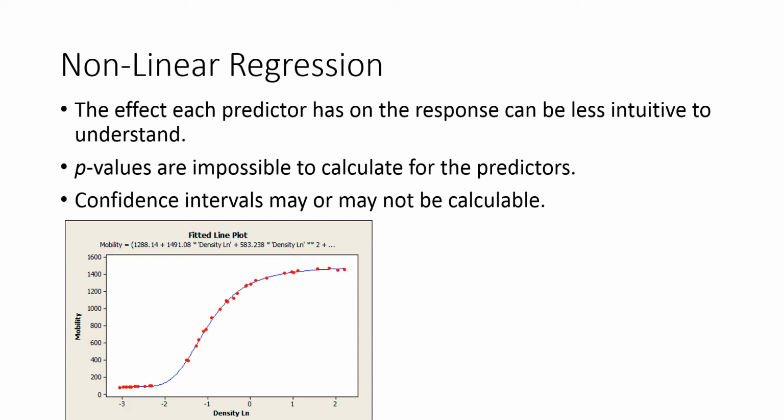I think there are some methods that will calculate p-values, but generally it's not a trivial thing, and you may or may not be able to calculate a confidence interval, because the data is not distributed normally. That's beyond my mechanistic understanding of what's exactly going into a nonlinear regression.